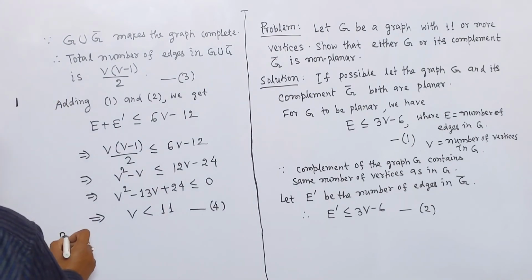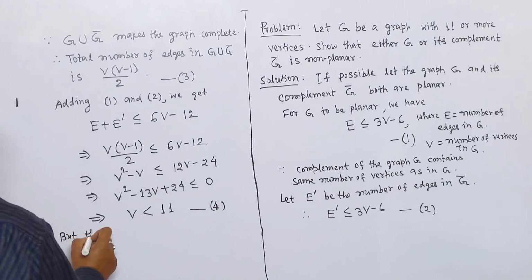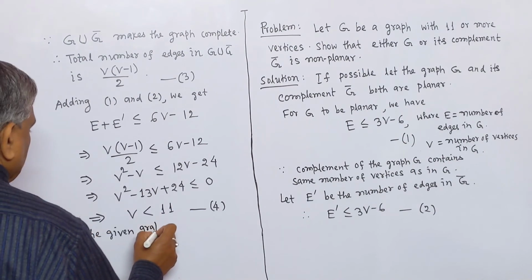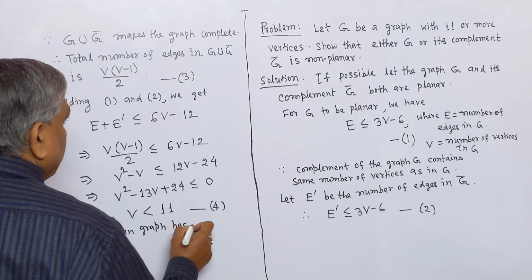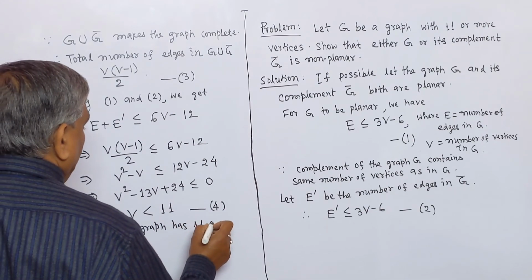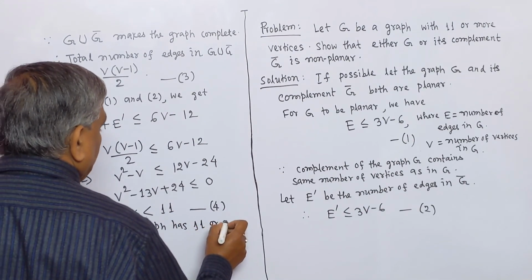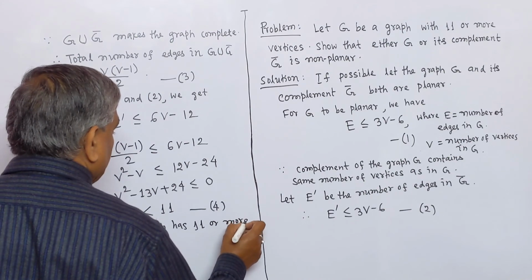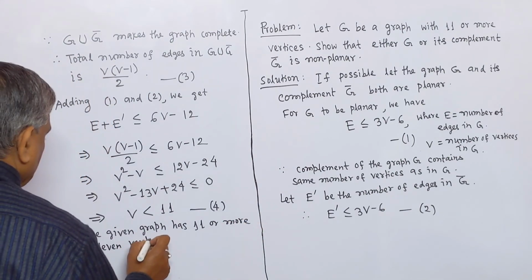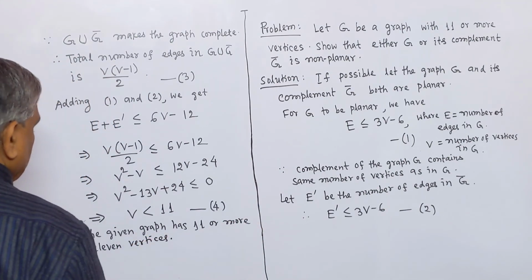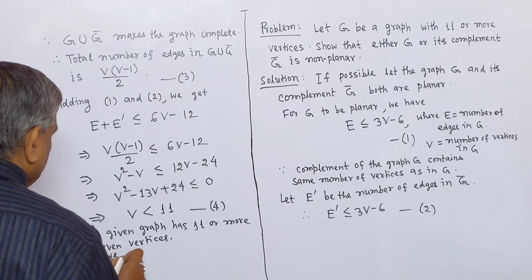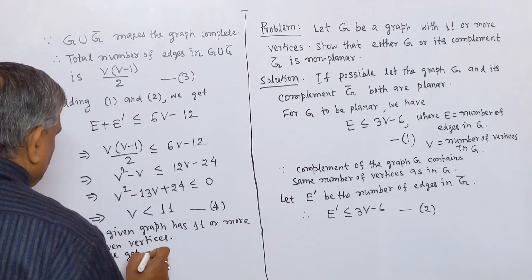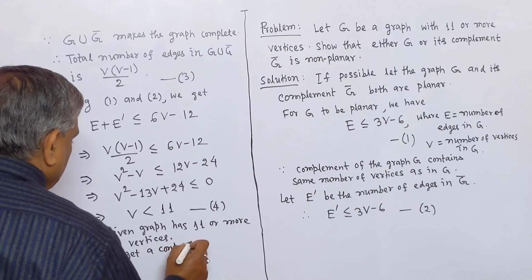But the given graph has 11 or more than 11 vertices. Therefore, we get a contradiction.